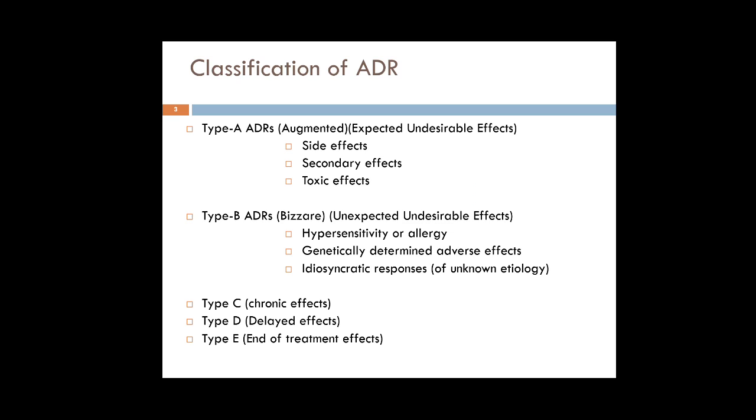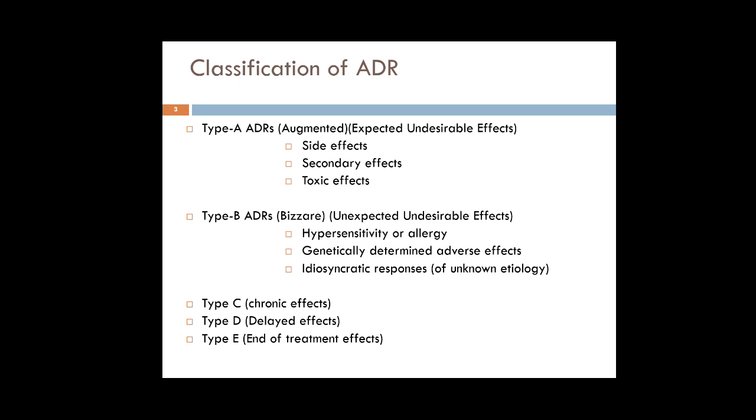Type B ADR, that is bizarre type of ADR, these are unexpected undesirable effects. Type A were expected undesirable effects. Expected means you know that you're giving a particular medicine, a particular drug, and you're going to get an effect which is apart from the therapeutic effect which you want. So that is an expected undesirable effect.